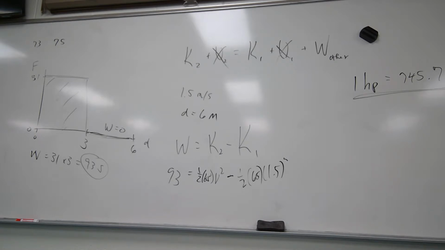You did, Franklin? I did. Yeah, I think that's still right. Okay, what was the answer? 2.3 when you solve it for v. 2.3 meters per second. Okay, I think that's right.